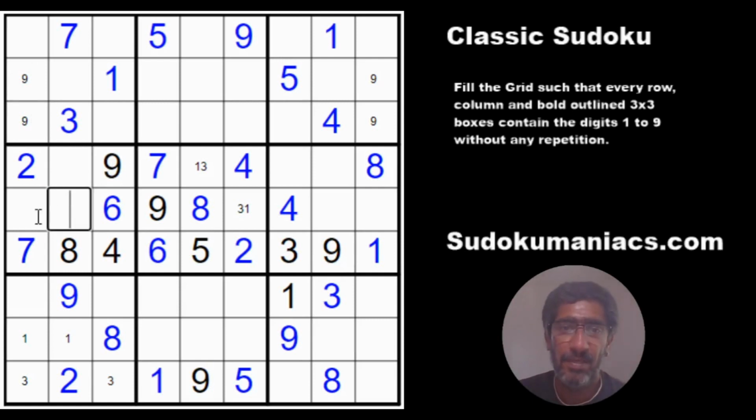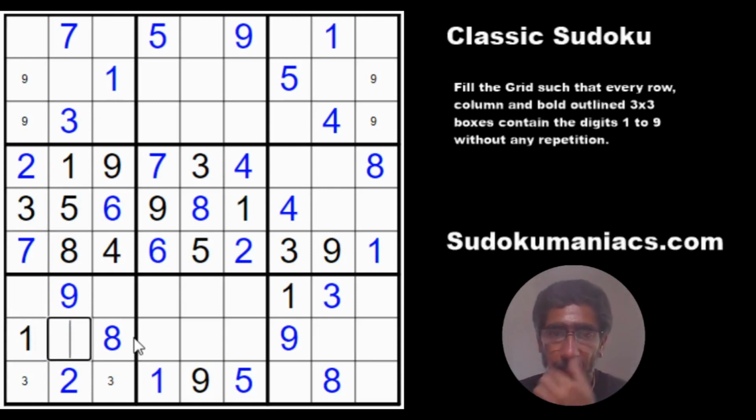3 cannot be here, cannot be here, so it has to be a 3, 3, 1, 1, 5. With this 1 here, this gets eliminated and this becomes a 1. Alright, so 5 cannot be here, it cannot be in this row because of this 5, so this has to be a 5, which pushes a 5 here.